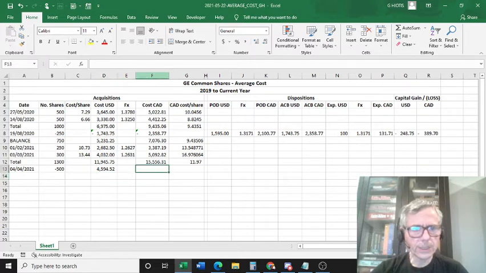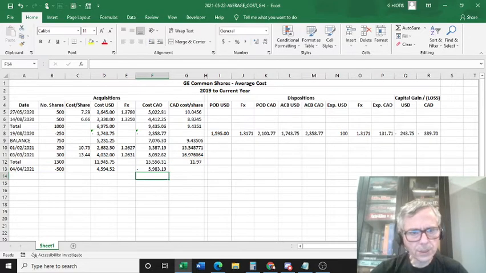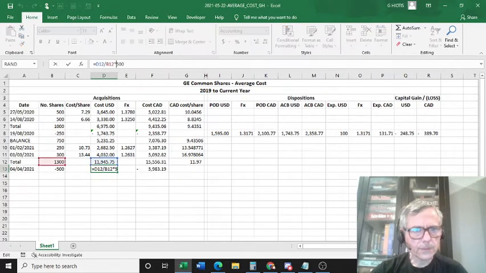And here what we'll have is equal to 500 times the average cost of my shares, which is $11.97, which kind of makes sense. I put 500 instead of actually putting the cell.